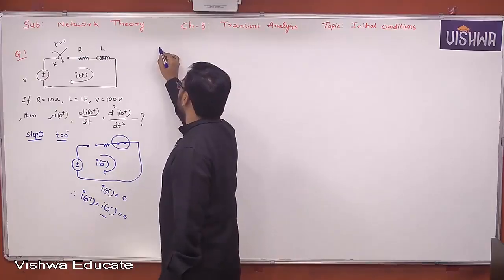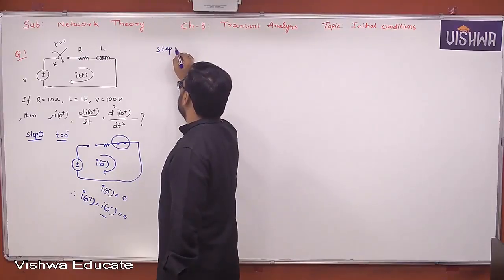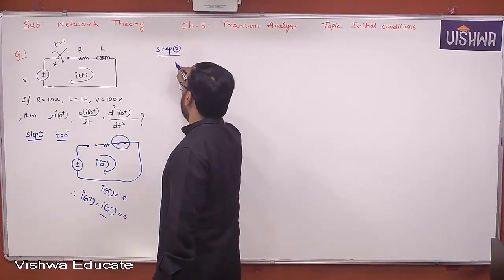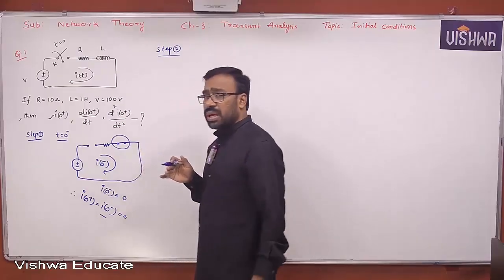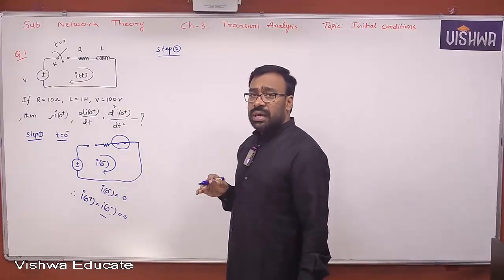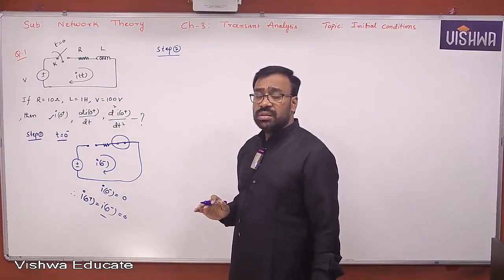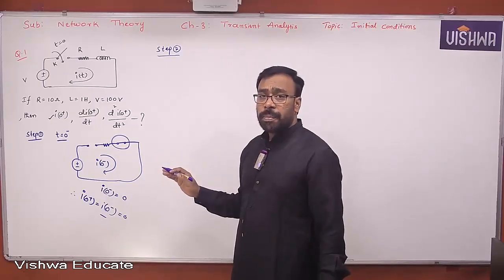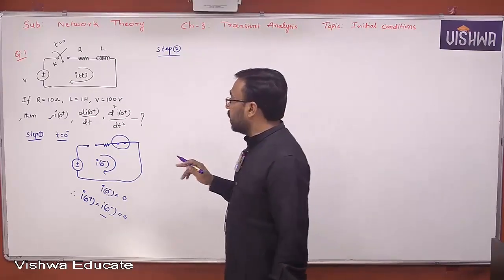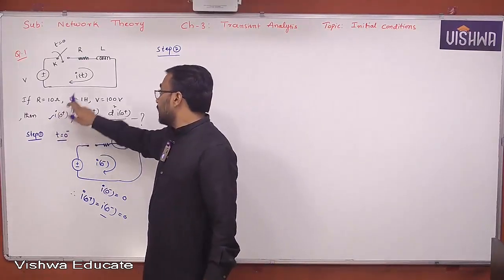And step 2, is it required? When do you generally go for step 2? Other than current through the inductor and voltage across the capacitor, only for those quantities do you generally go for step 2. But here, what is I? It is the current through the inductor.